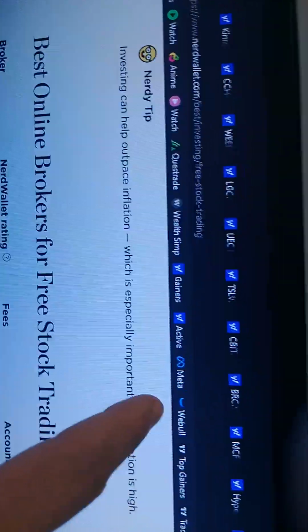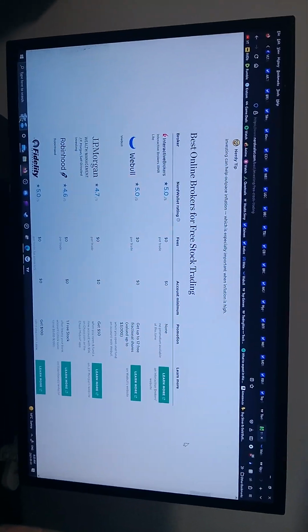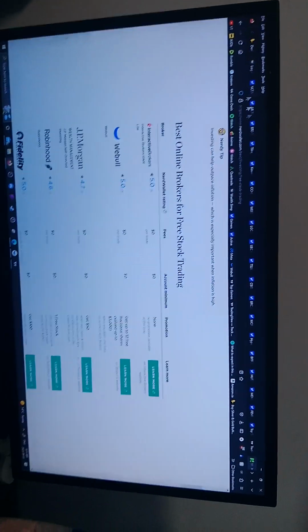You want one that doesn't have any transaction fees. Webull would be my personal favorite, and I use Webull myself all the time. Other than TradingView, it's probably the best program or website you can use. These are all the different stocks that I keep an eye on every day.